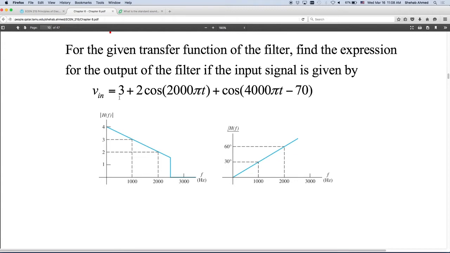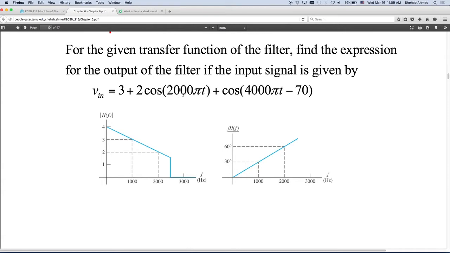Exactly. Again, you go to whatever the frequency of the signal is. This is a DC signal, so you go to 0 hertz. The magnitude will be multiplied by 4. How about the phase shift? 0. So this filter does not affect the phase angle of a DC signal, and the gain for a DC is 4, right?